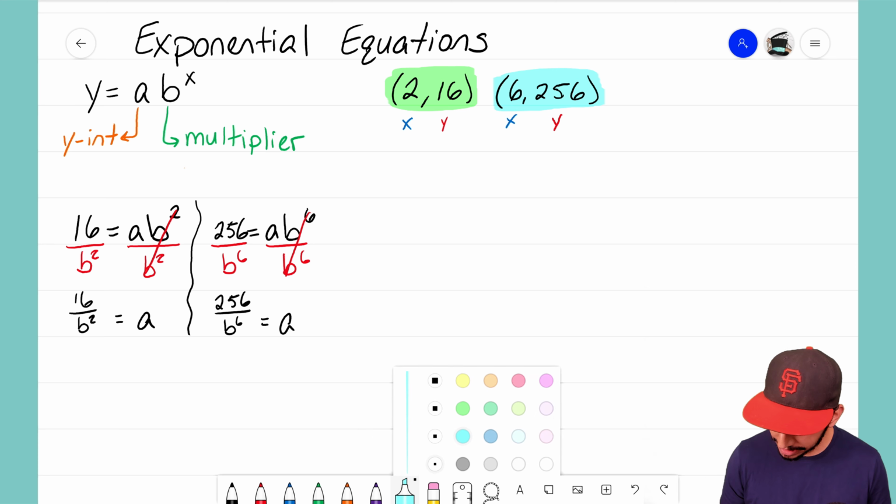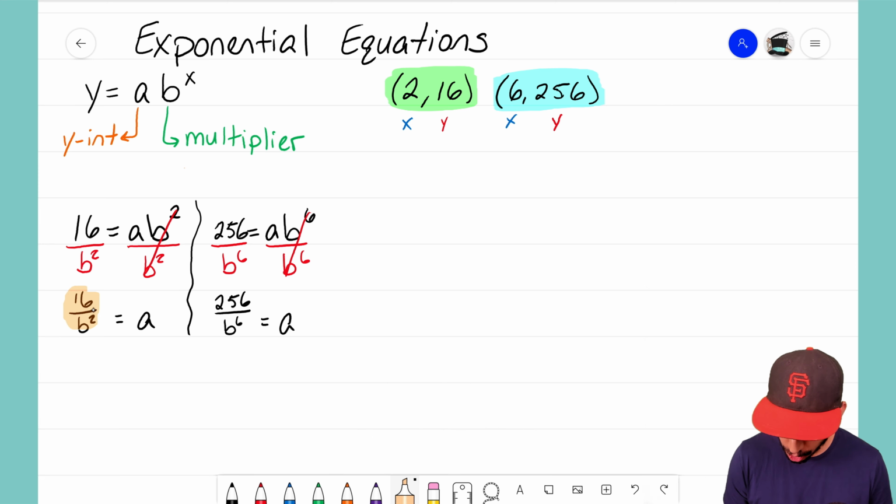I know that a equals 16 over b squared, and I know that a equals 256 over b to the 6th power. So since I know both of those terms equal a, I can now set those two expressions equal to each other. That's the equal values method.